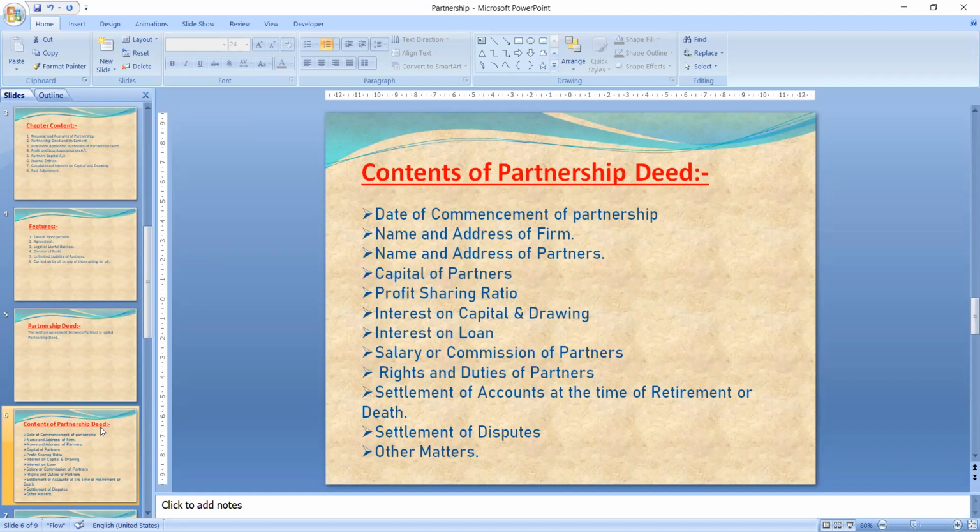The next point is the profit sharing ratio. Profit sharing ratio is the most important part in a partnership deed.